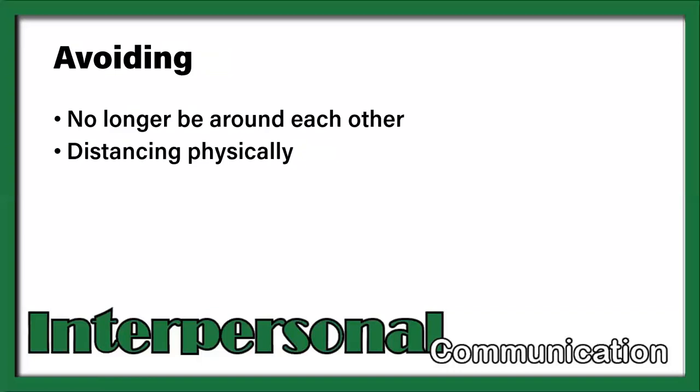Maybe you create situations where you're not going to be home at night, or you create other obligations, or you find ways to be in different rooms. I think it's harder when you live together, because avoiding becomes more complicated. But this oftentimes happens. You just stop wanting to be around each other.